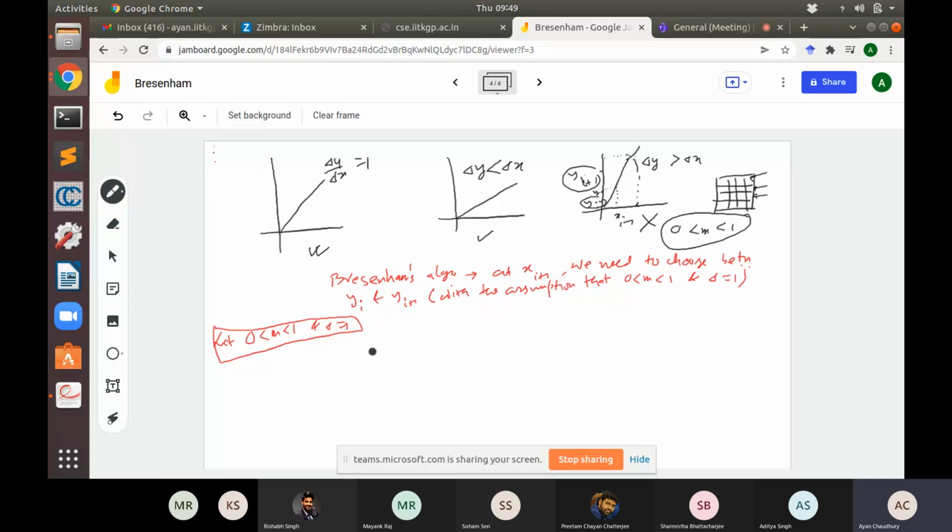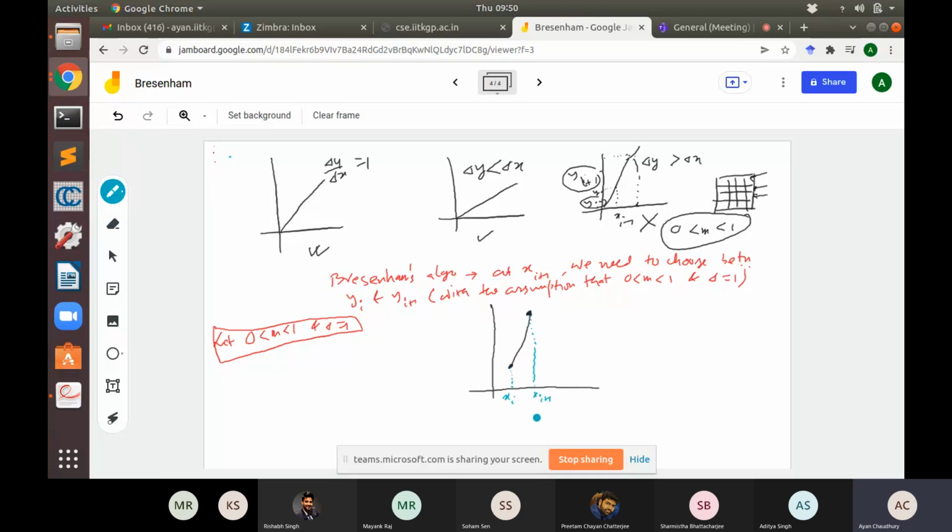Let's see how things look here. This is my coordinate system, and let's say this is the line I'm trying to draw. Let's say this is xi, and this is xi plus 1.